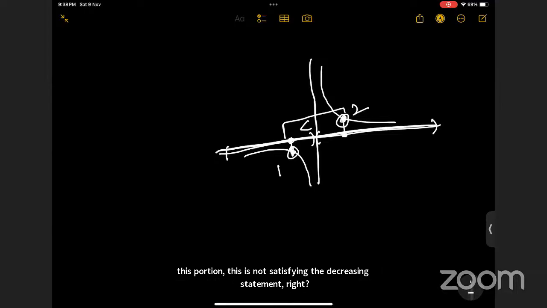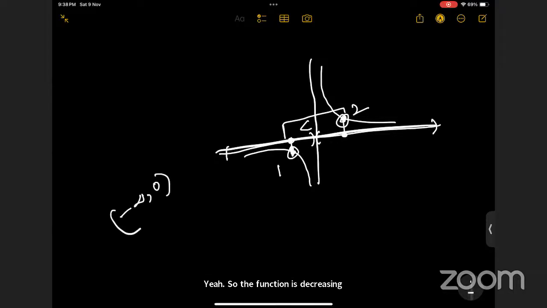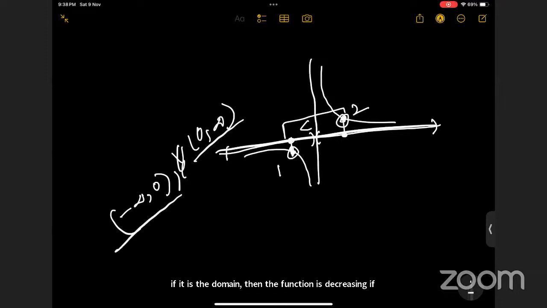So the function is decreasing in minus infinity to 0. This is also decreasing in 0 to infinity. If it is the domain, then the function is decreasing.